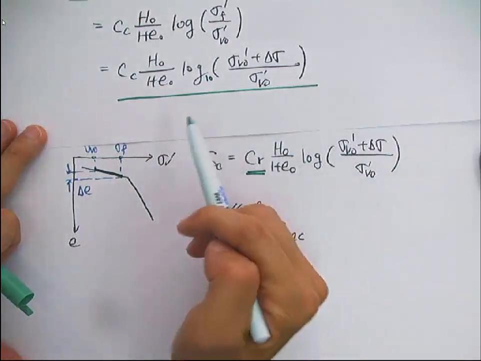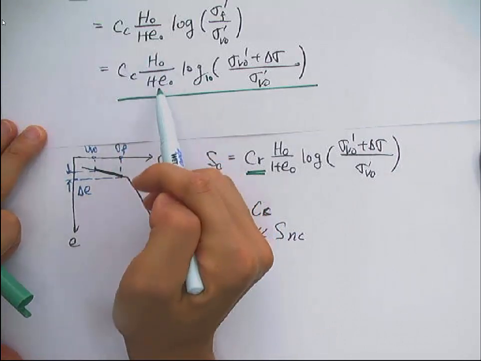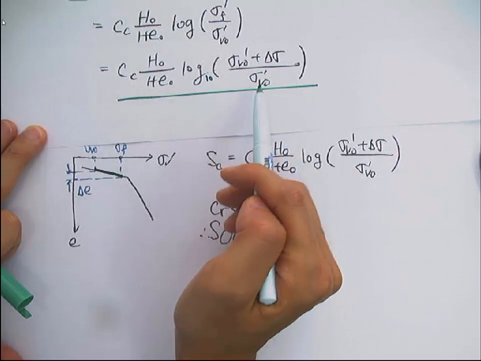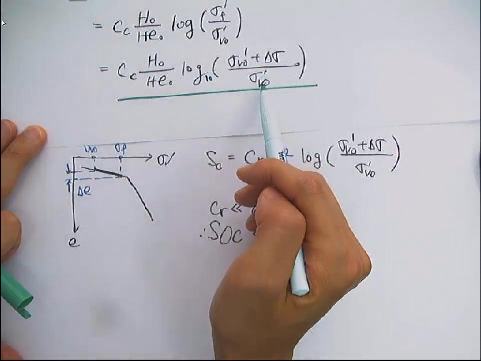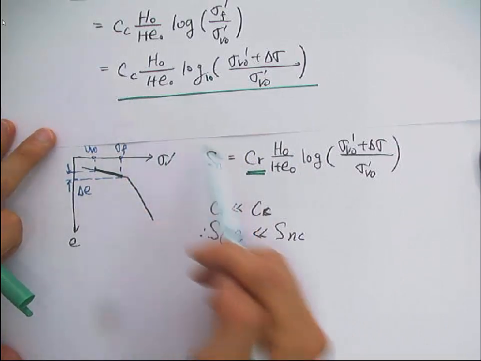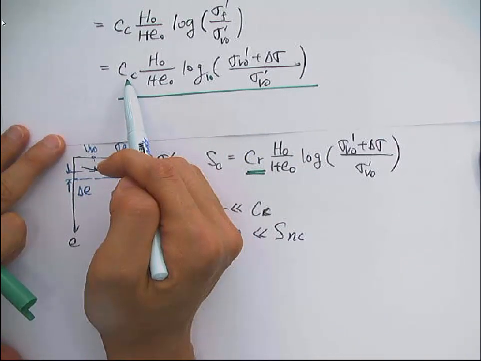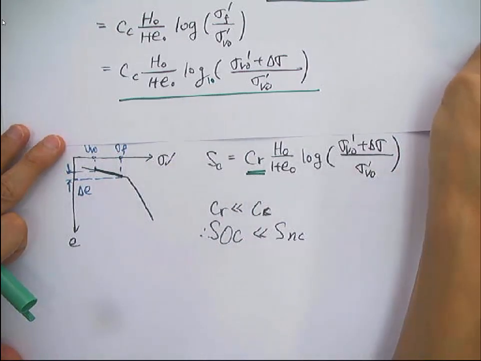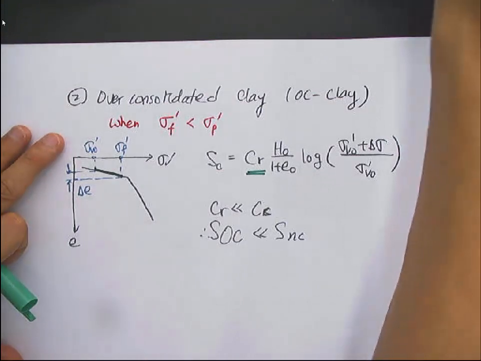You can see Cc and H naught over 1 plus e naught and log sigma f over sigma i, the final stress over the initial stress. But the only difference is that there you use Cc and here you use only Cr, which is natural, right?